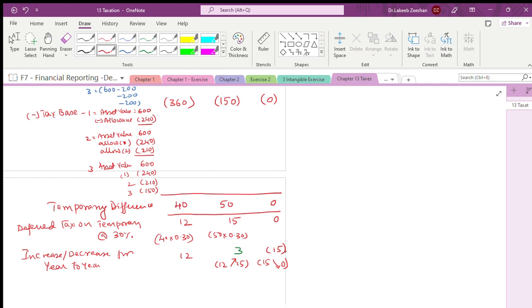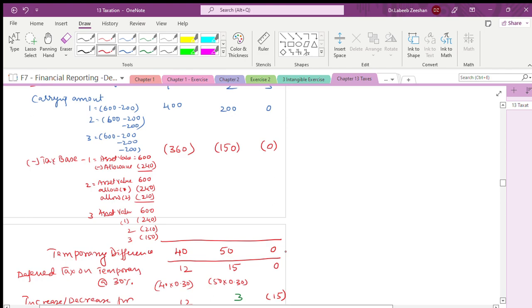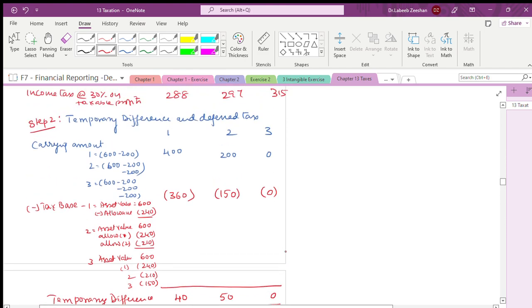Again, I will explain. First, you have to take the carrying amount. Carrying amount is nothing but the value of the asset minus depreciation.